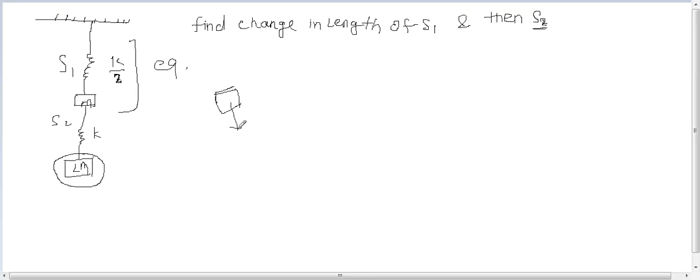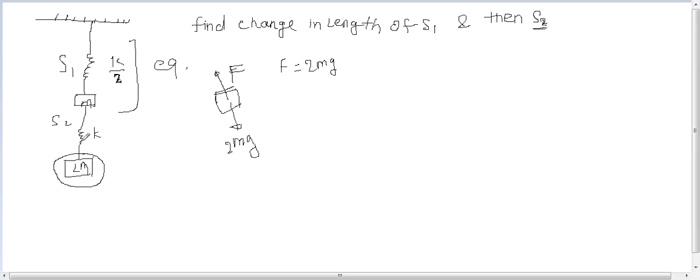Here is the force 2mg. This is equilibrium, so there must be a force here, f of spring. So f is equal to 2mg.